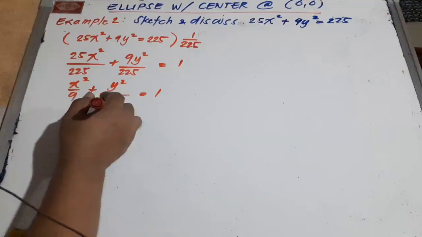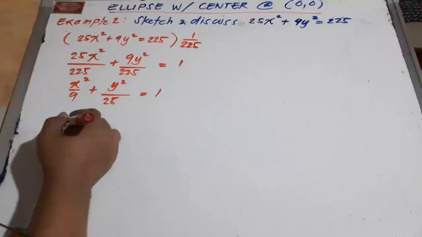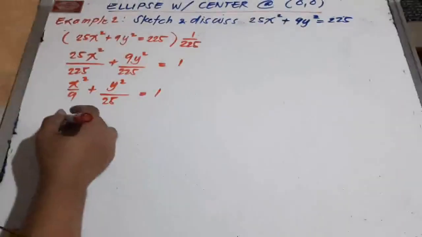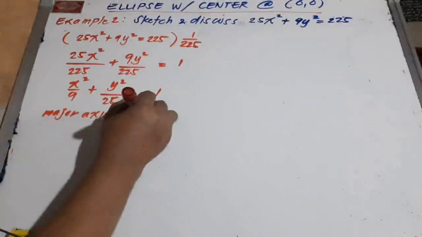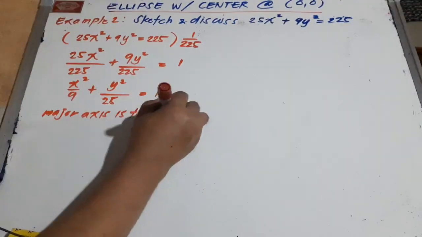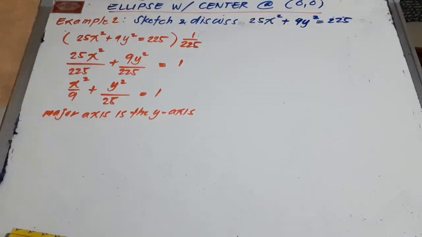Now, since yung denominator of the y squared term is greater than the denominator of the x squared term, therefore, the major axis is the y-axis. Okay? Mas malaki. So, ibig sabihin ng ating ellipse vertical.